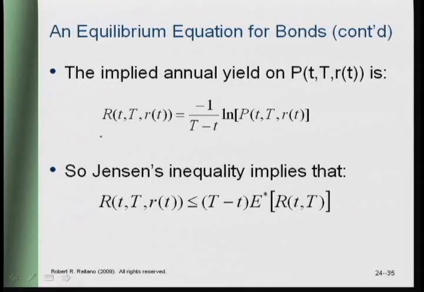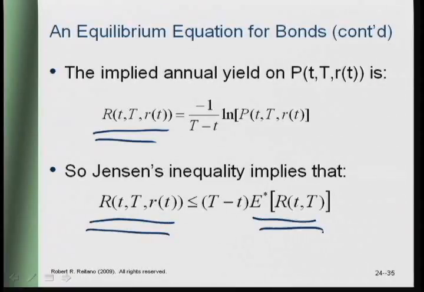So if I define R to be the correct interest rate that comes from the correct price of that zero, Jensen's inequality says that the correct interest rate is smaller than the risk-neutral average of discount rates.